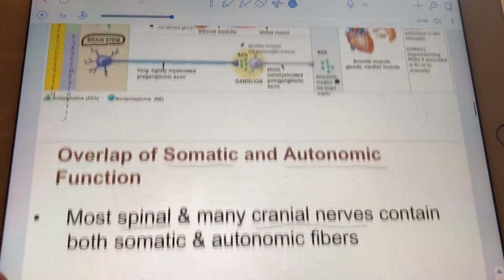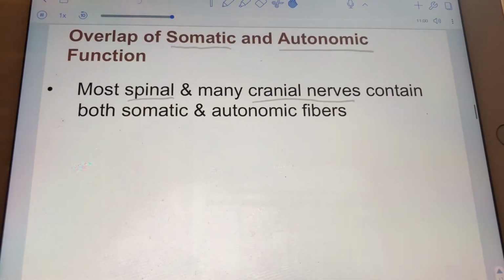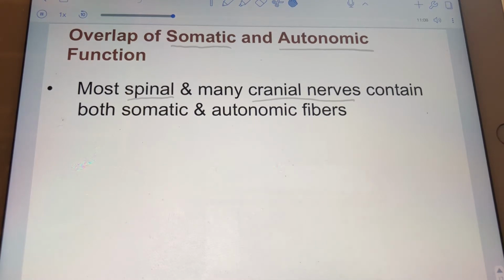Slide number 12. Hopefully you already appreciate that the somatic and autonomic nervous systems can function simultaneously. They're not mutually exclusive.